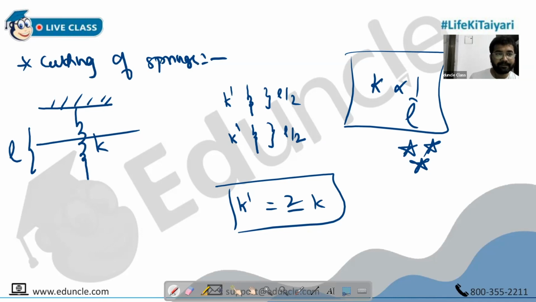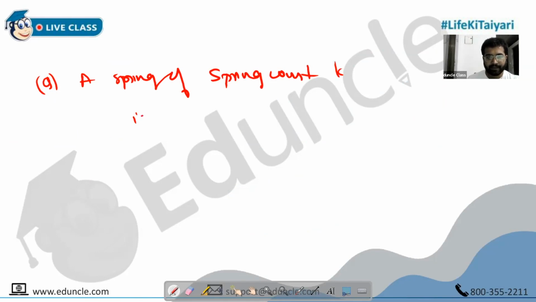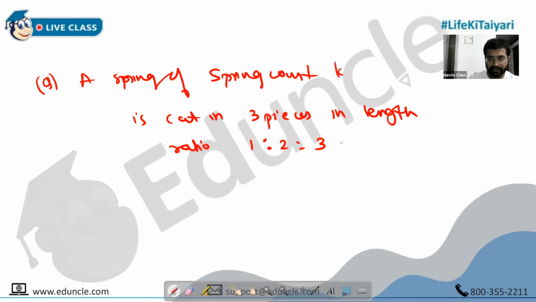A question can be created here: a spring of spring constant K is cut into 3 pieces in the length ratio 1:2:3, which is L1:L2:L3.